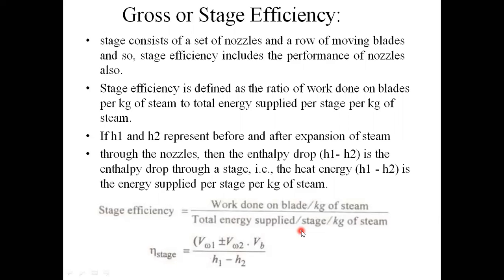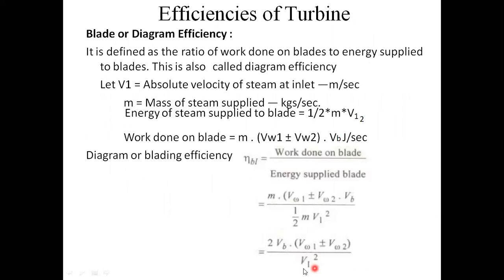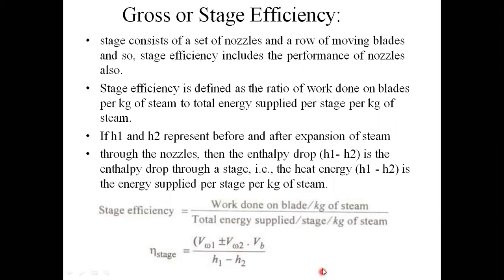Stage efficiency equal to VW1 plus or minus VW2 into VB upon H1 minus H2. This is diagram efficiency, 2 times VB into VW1 plus VW2 upon V1 square. This is stage efficiency.